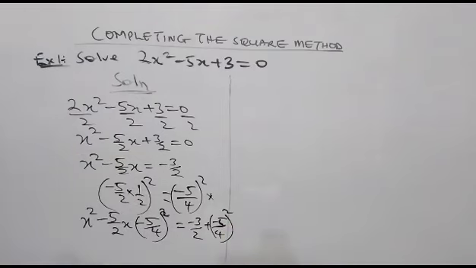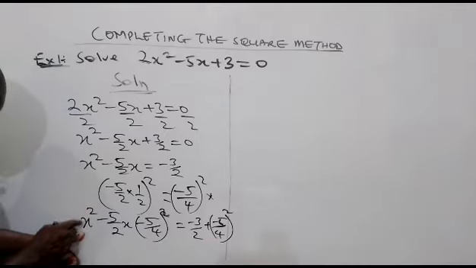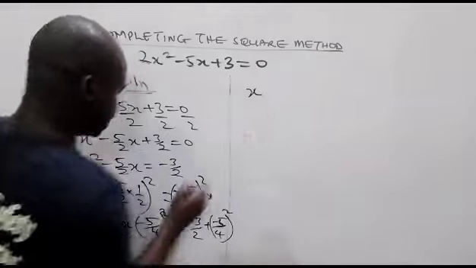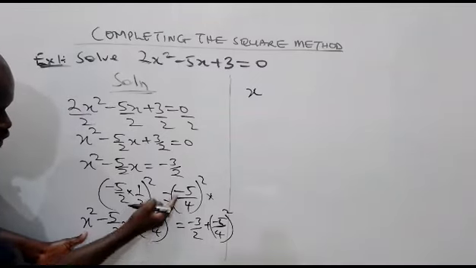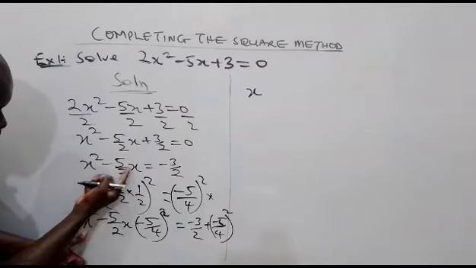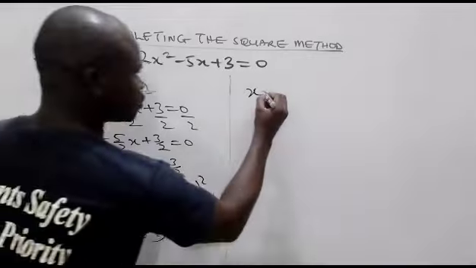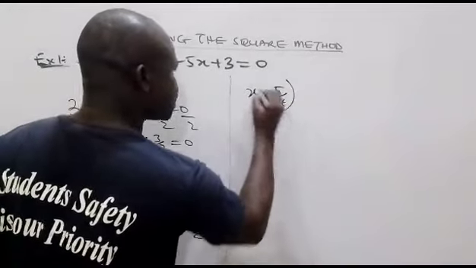That's what you are going to have. Then the next step is that from the x squared, you pick x at the left hand side, combine it with the result that you got when you divide the coefficient of x by 2: x minus 5 all over 4, everything all squared.